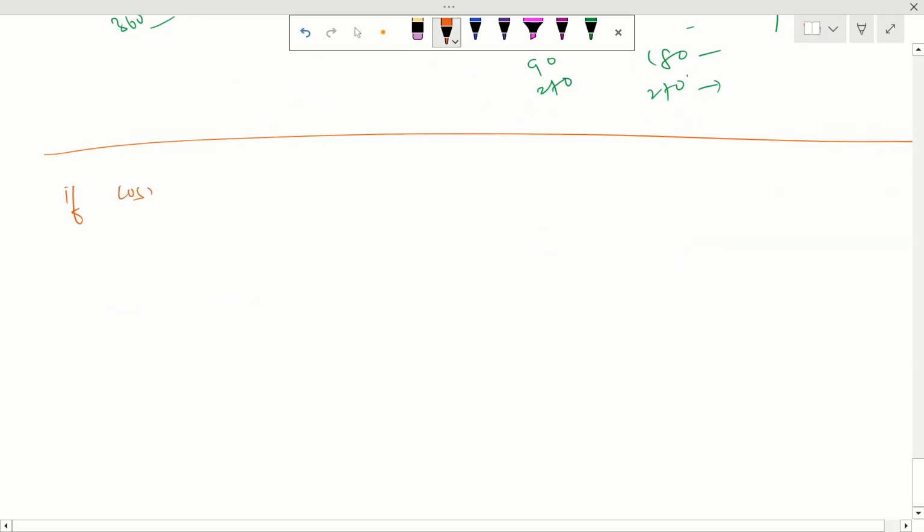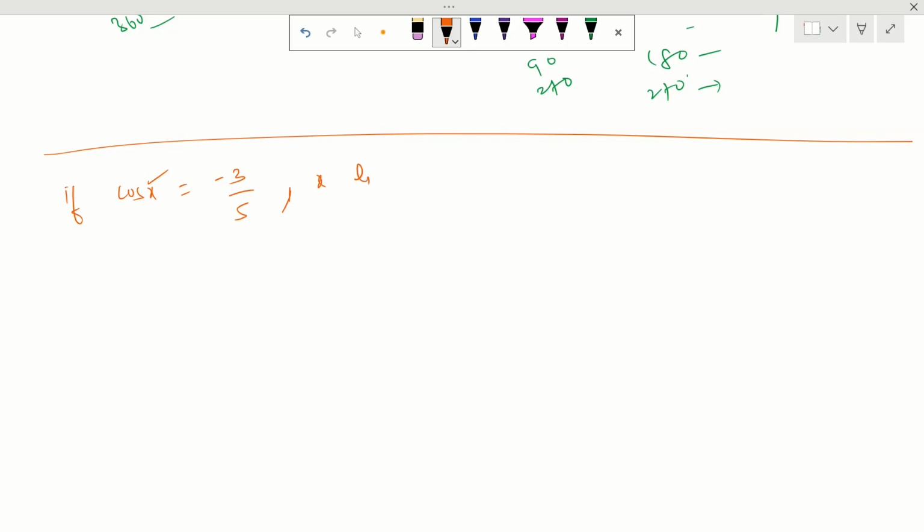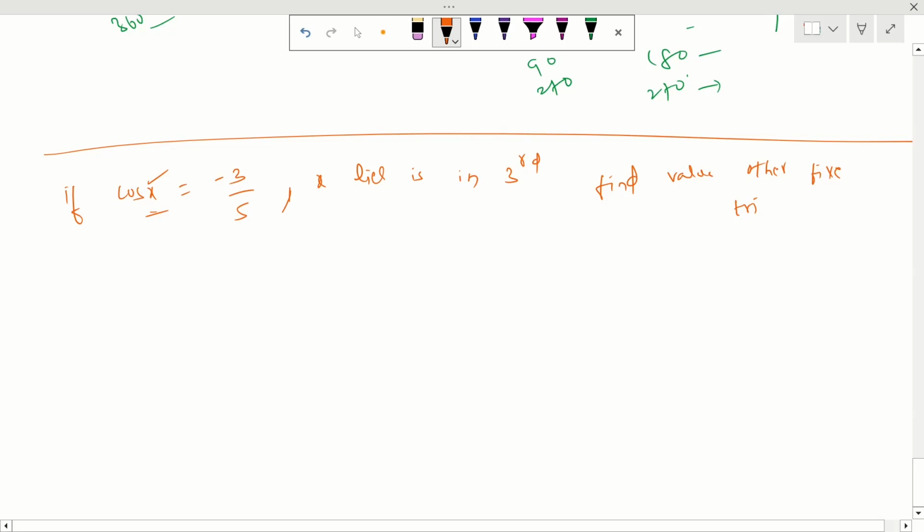If cos x is equal to minus 3 by 5, where x is an angle and x lies in the third quadrant, find the value of the other five trigonometric functions.